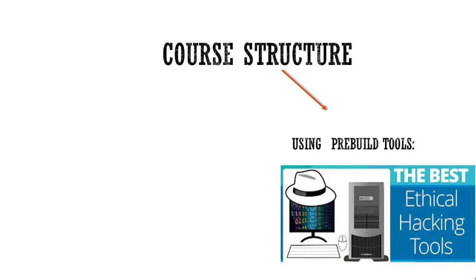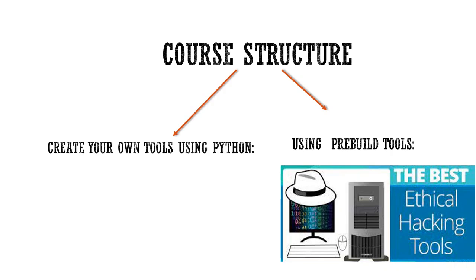They built it, and all people around the world are able to use it. So the best ethical hacking tools. And the second part is to create your own tools by using Python programming language, which is a very good programming language, and that is the Python.